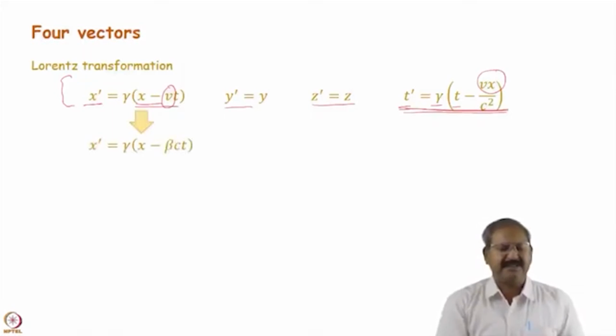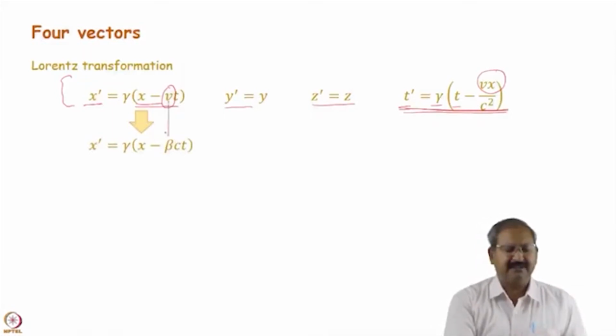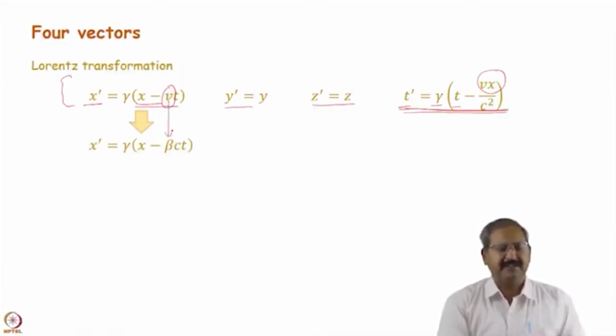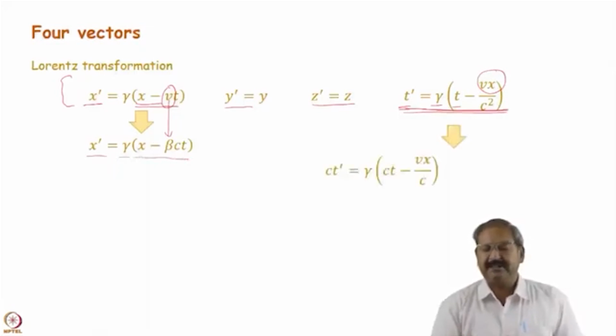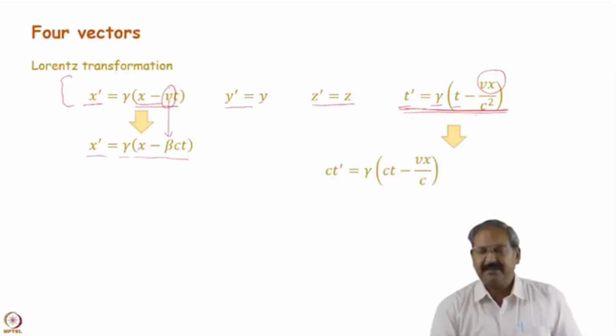Now instead of v, we can write beta c. So the transformation will be x prime equals gamma times (x minus beta ct). Similarly, for time, we can multiply by c, so this will be ct prime.